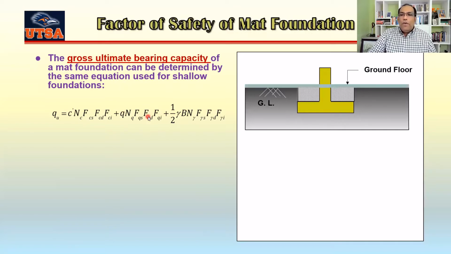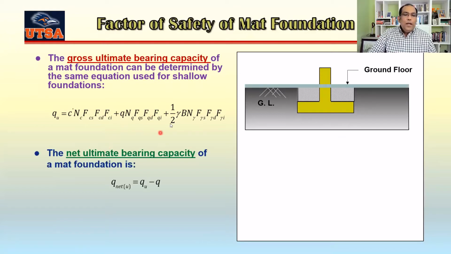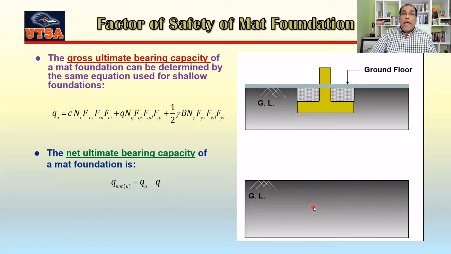Now, for a raft or mat foundation, most of the time we use the net ultimate bearing capacity, which is your ultimate bearing capacity minus the surcharge, meaning the pressure coming from the soil above it. The construction of a mat is a little bit different. Here is a piece of land and here is your ground level.